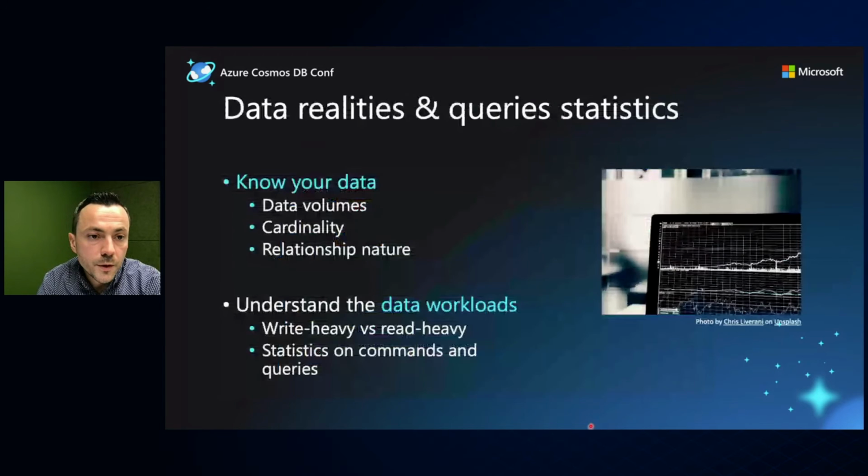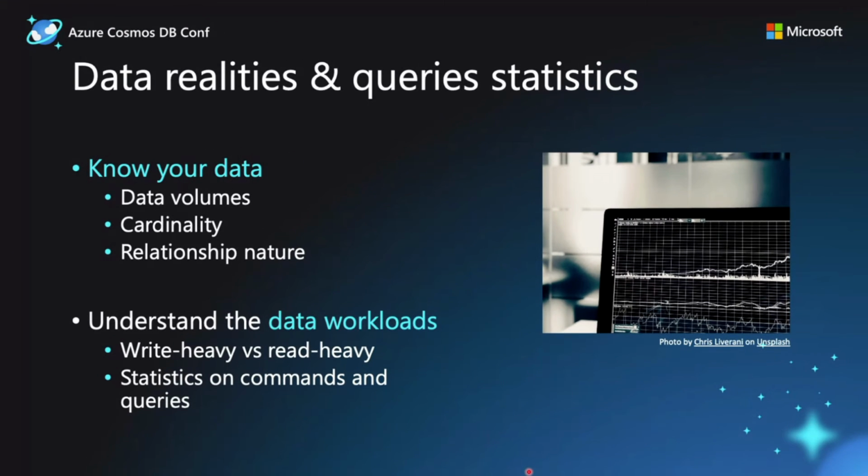Let's move forward. The next step is understanding the data realities and query statistics. That's really important for any data model, but in particular for NoSQL. We need to understand the expected data volumes, the cardinality of different attributes, and, one of the most important, the nature of relationships: one-to-one, one-to-few, one-to-many.